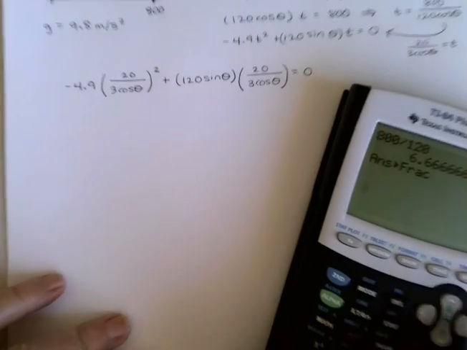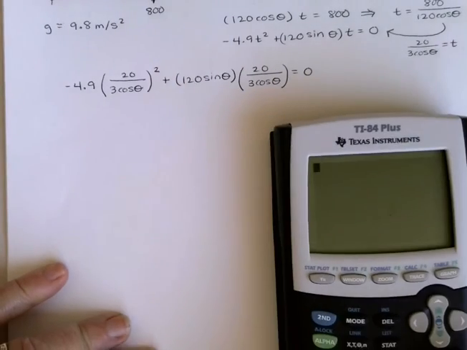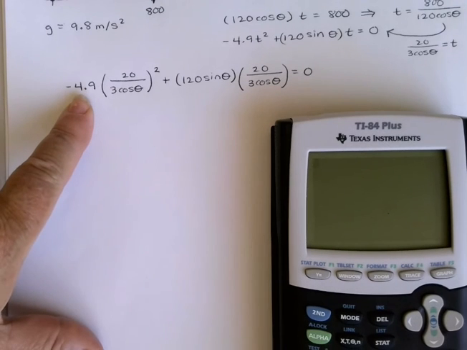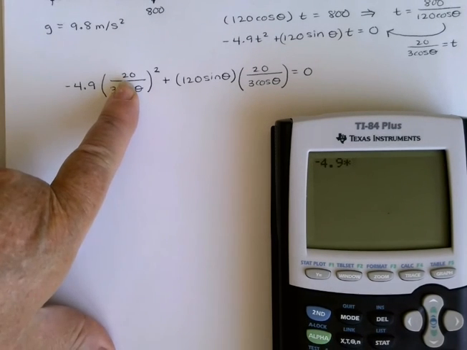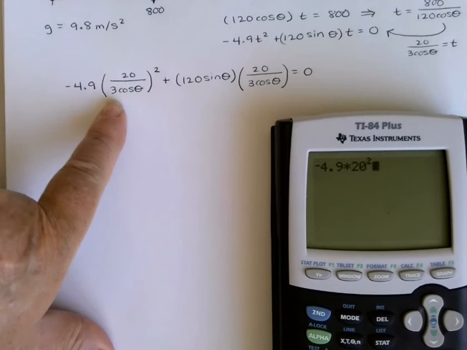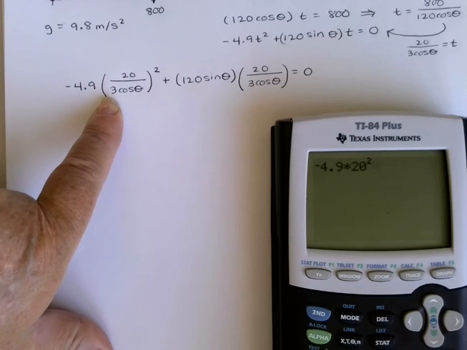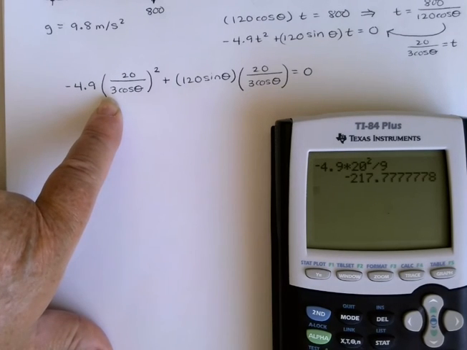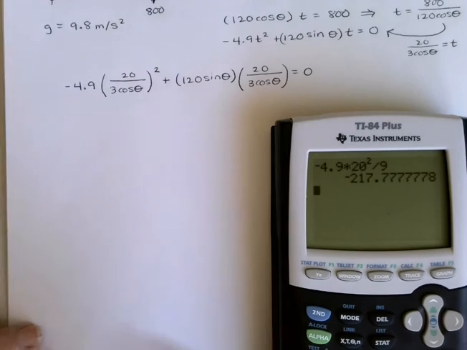And again, let's just get a little bit of arithmetic done. We've got negative 4.9 times 20 squared divided by 3 squared, or 9. So that coefficient right now is negative 217.7, no, actually let's just keep it exact for the moment, negative 1960 over 9.